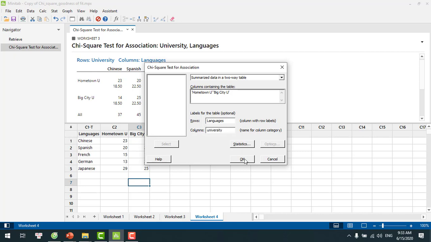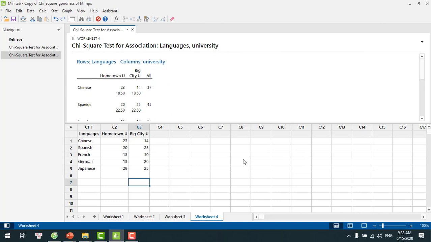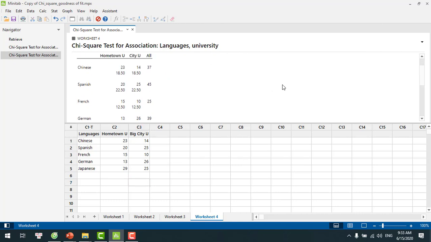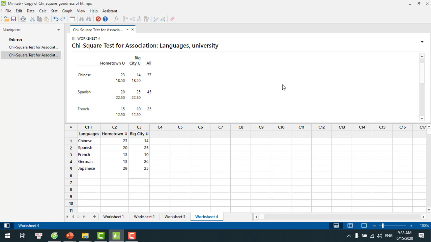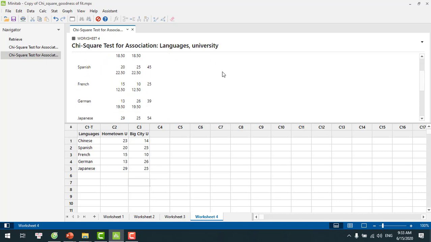Okay, so let's click OK, and here we have then columns of university. So here it basically gives us the same chart but in a different direction. Now what we have here are the languages, and then the numbers that we get for the two universities. I think the previous chart looks a little bit better for your report, but you can pick whichever chart you prefer.